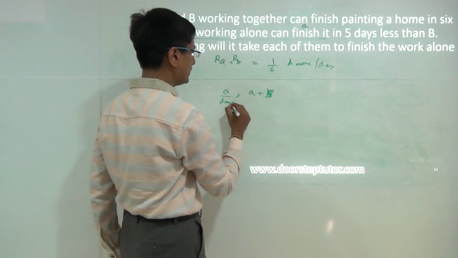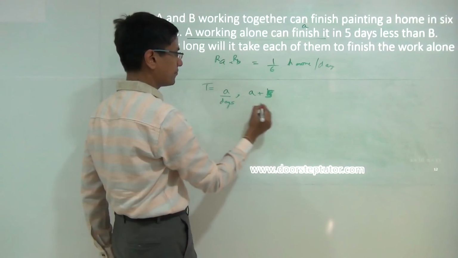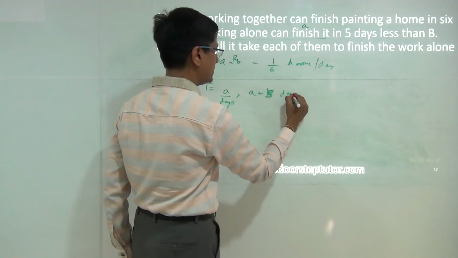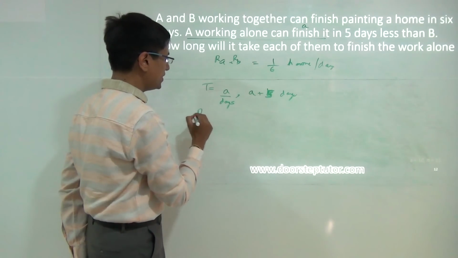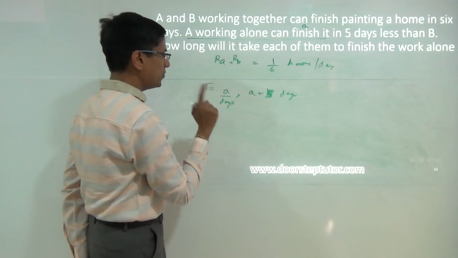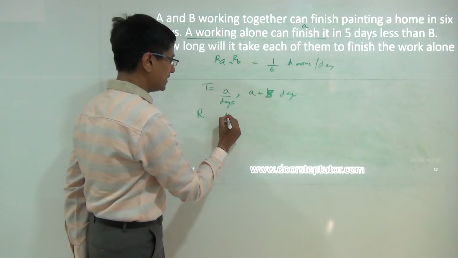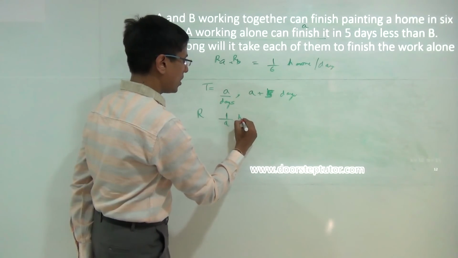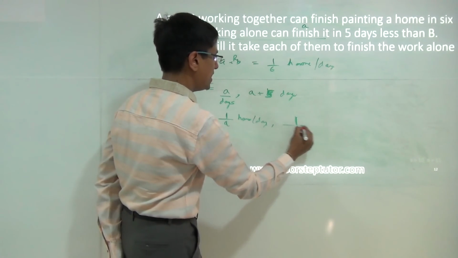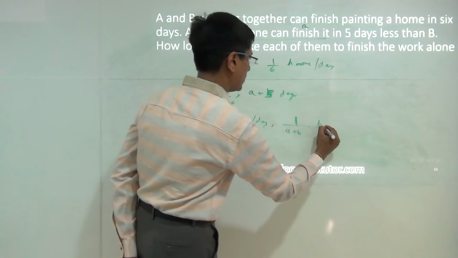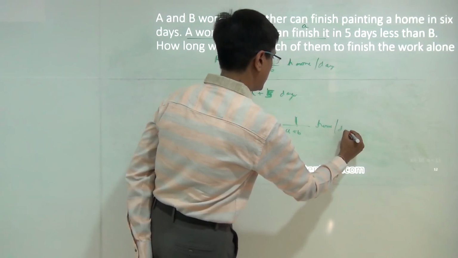This is time, in days. B takes A plus 5 days. Now if I convert them to rate, how much work does A do in one day? He does 1/A house per day, and B does 1/(A plus 5) house per day.